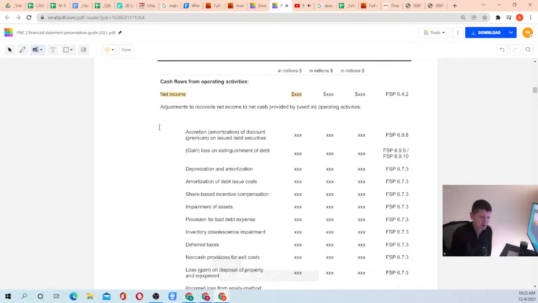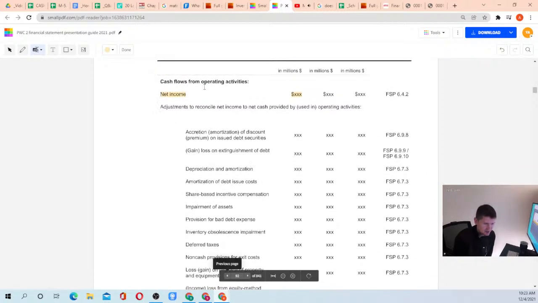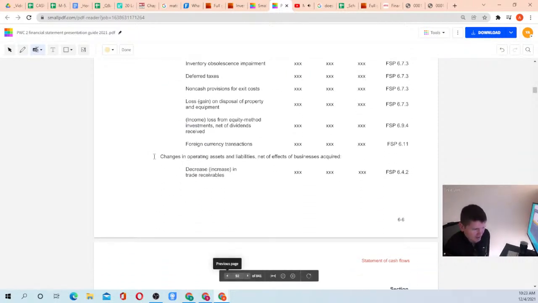And then we also have a receivable. And for that part, the cash flow statement has some adjustments. Here we have changes in operating assets and liabilities.